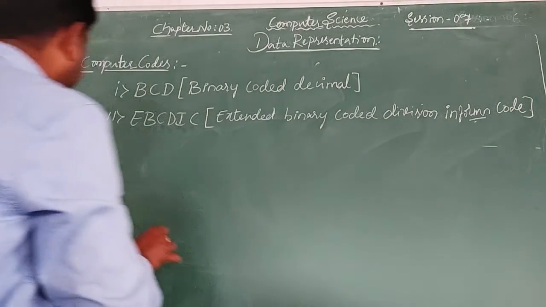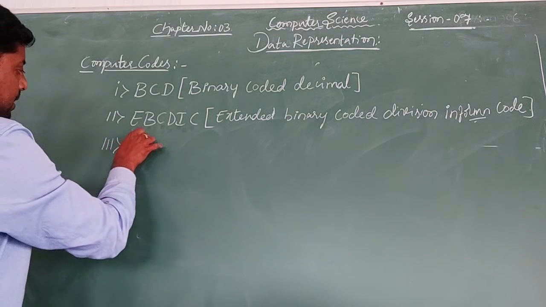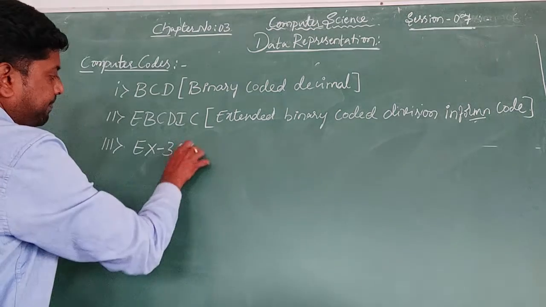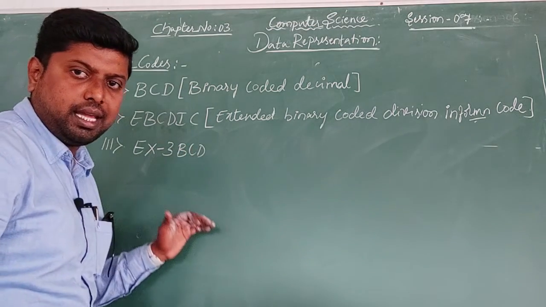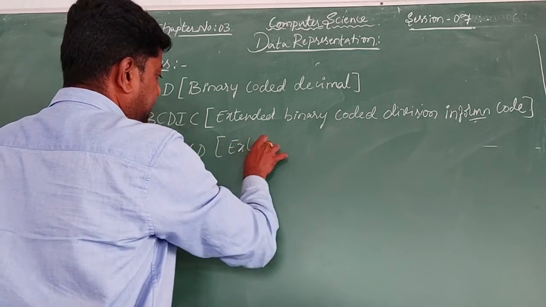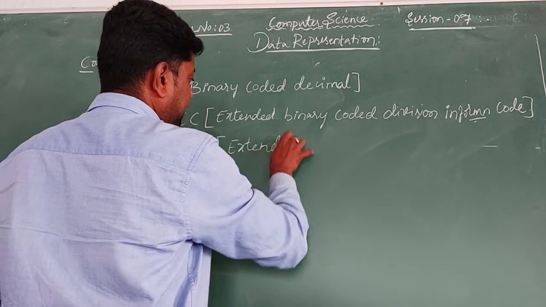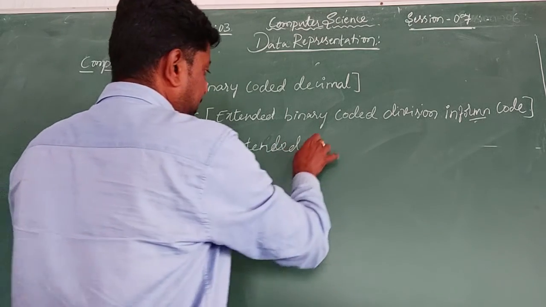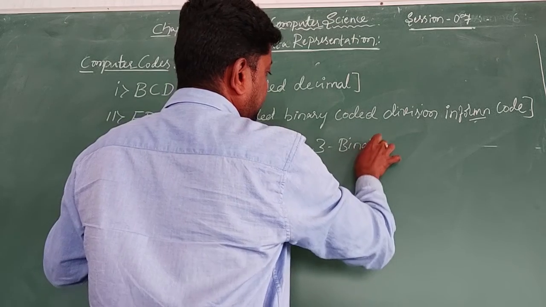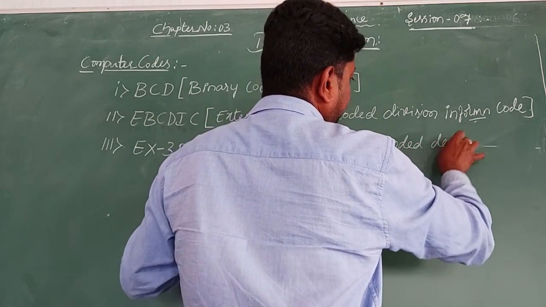Then the third one, XS3 BCD: excess 3 binary coded decimal.